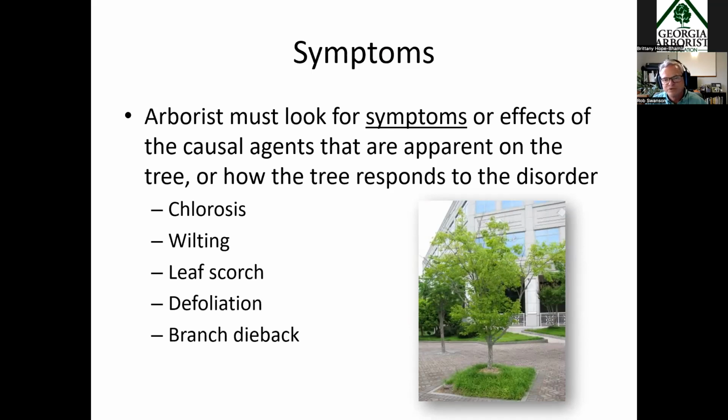You might have wilting, which would occur if there's salt in the soil, or if there's not enough water available in the soil. It might just be normal wilting during the middle of the day, things like that. Look for leaf scorches. There are a number of things that cause scorches. Bacterial leaf scorch, BLS, can be caused by bacteria, but you can also have just plain leaf scorch from too much heat.